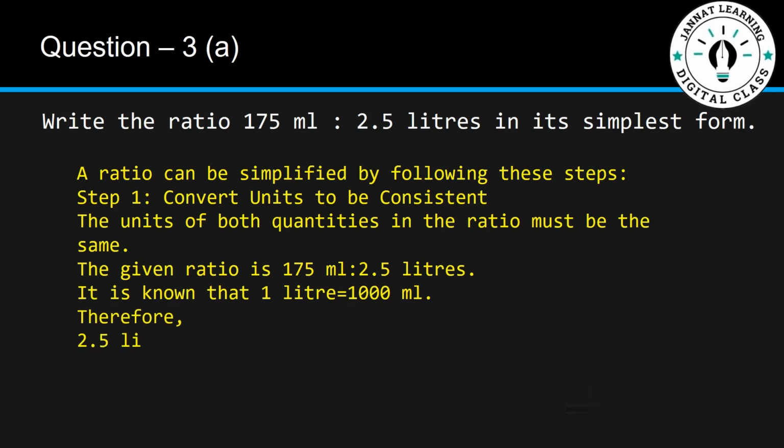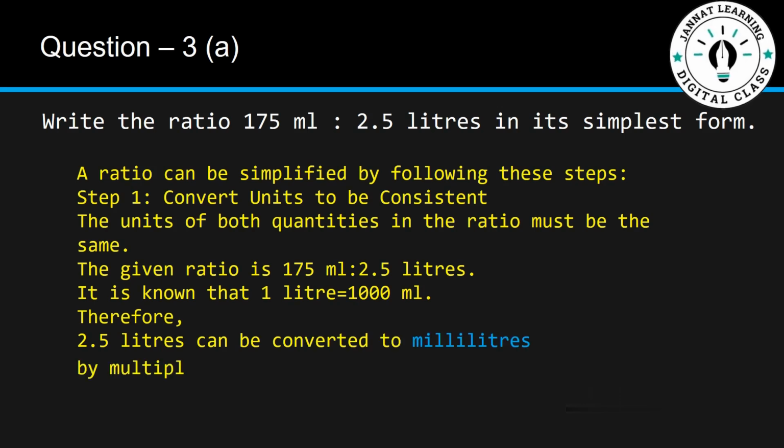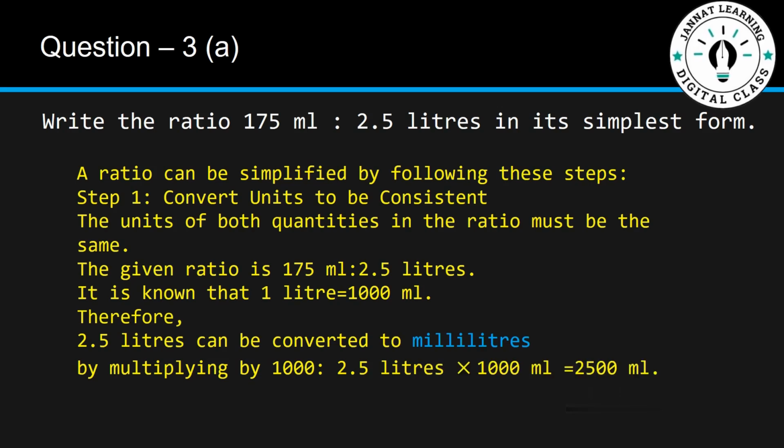Therefore, 2.5 liters can be converted to milliliters by multiplying by 1000. 2.5 liters times 1000 equals 2,500 milliliters. The ratio becomes 175 milliliters to 2,500 milliliters.